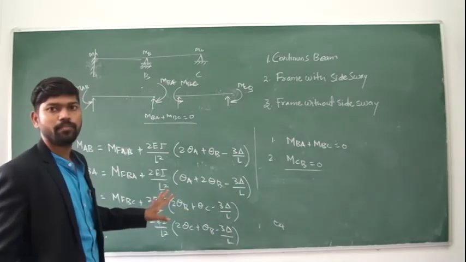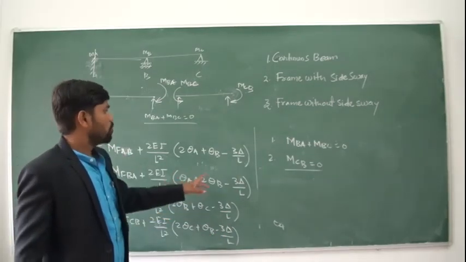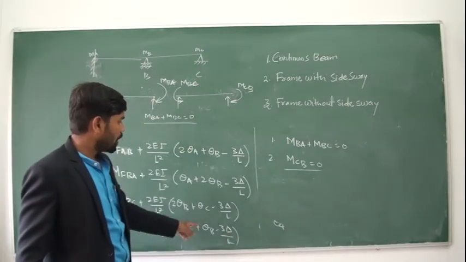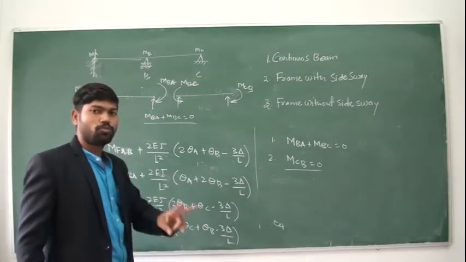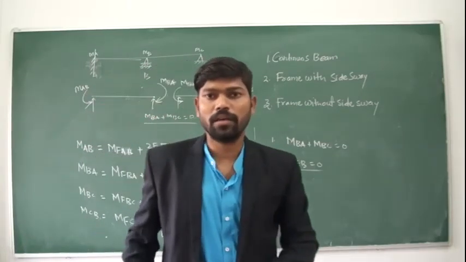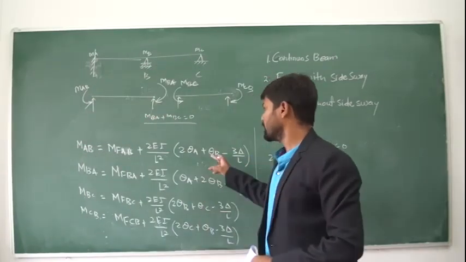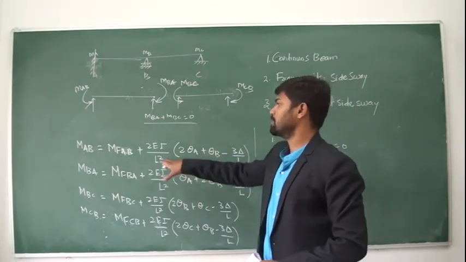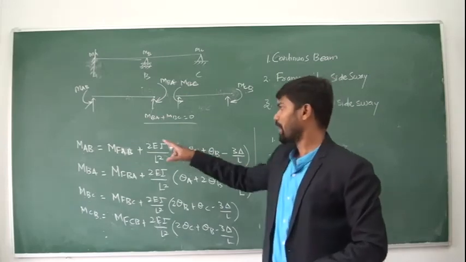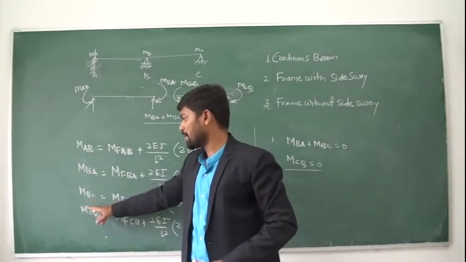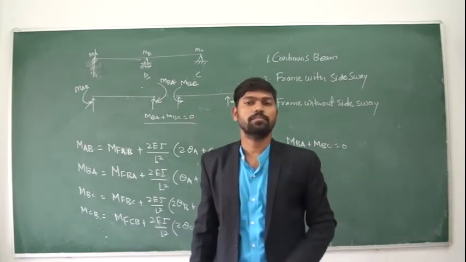So there are two equations and our unknowns are theta B and theta C. Two unknowns, two equations can be solved. Once you get the values of theta B and theta C, you can substitute the values in these equations and calculate MAB, MBA, MBC, and MCB.